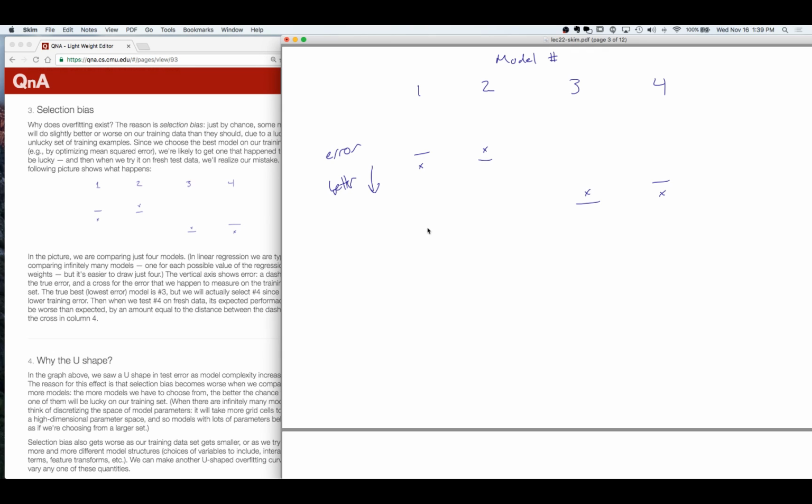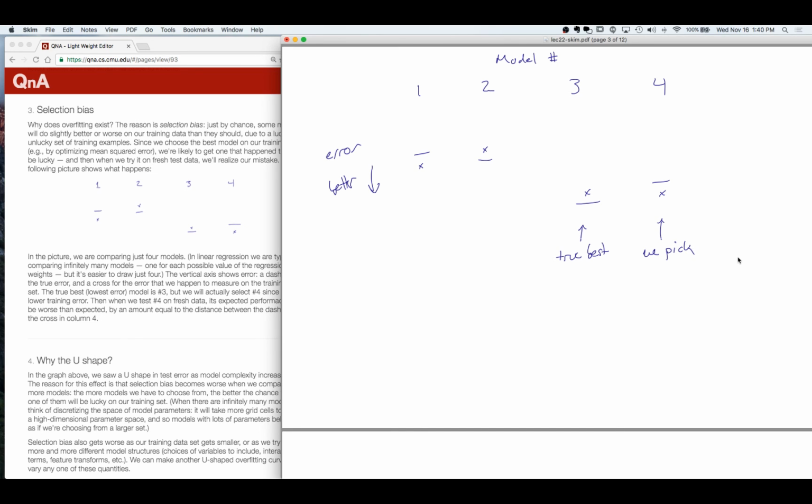But it looks like model 4 happened to get lucky. Its error, as estimated on our training set, was a little bit lower than the error for model 3. And so we'll actually choose model 4. So this is the true best model, but we pick this one.